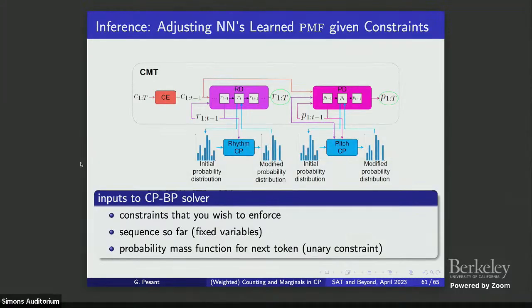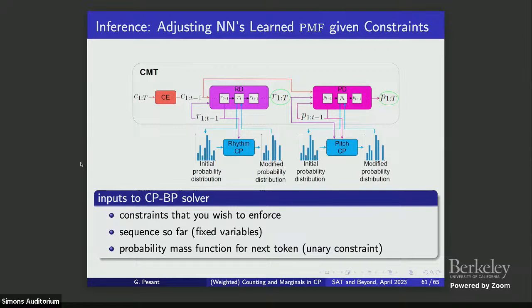I've taken this picture from another project, but let's just look at this box here. This box is a neural network. It's a generative model, so it outputs a sequence of tokens, of values. This is during inference. It outputs a probability distribution, and it samples at every step from the distribution for the next token. That distribution is different from one token to the next.